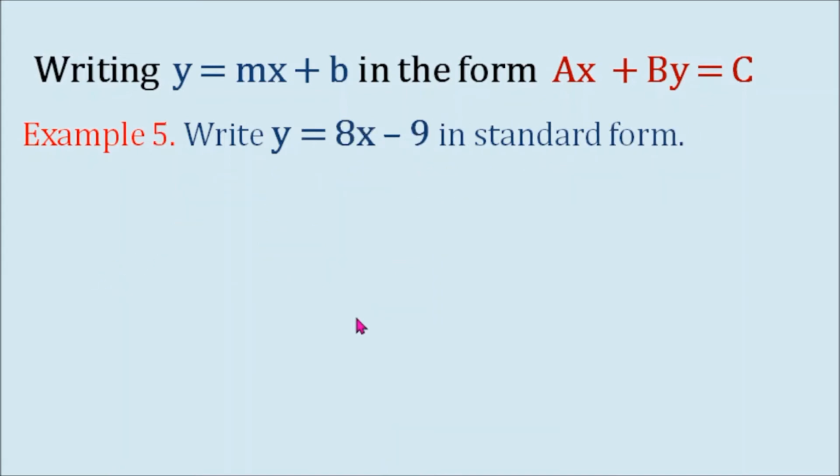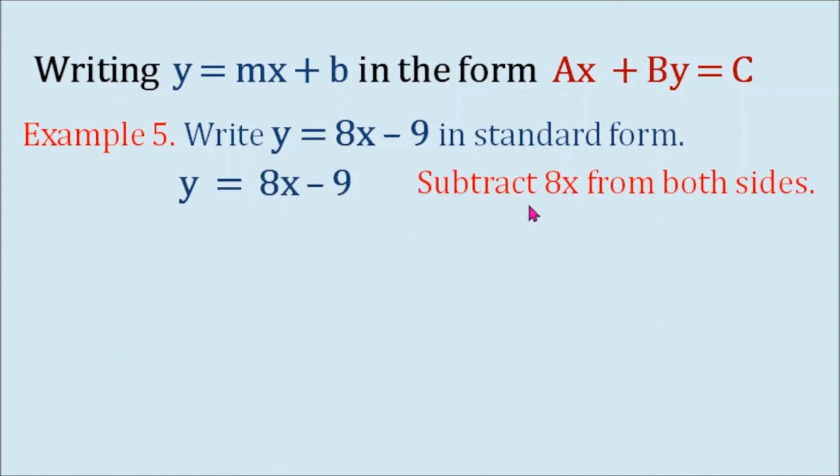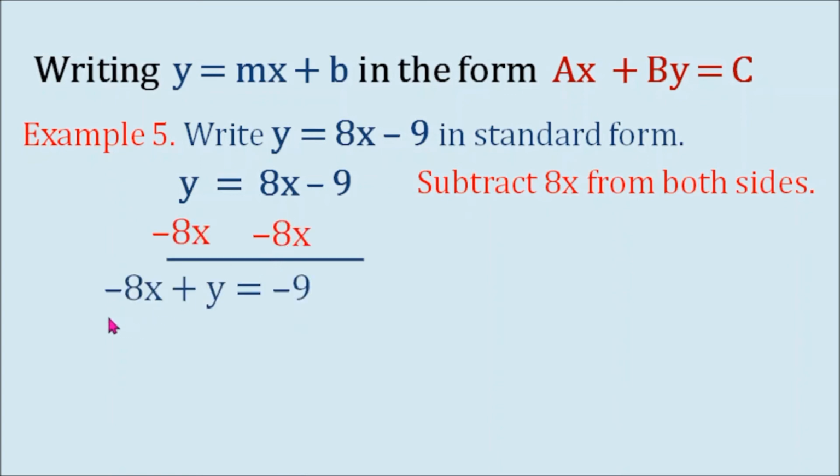Example number 5: write y = 8x - 9 in standard form. Again, all terms with variables x and y should be on the left side of the equation. So the first step here is subtract 8x from both sides. After this step, this is what we get: -8x + y = -9.